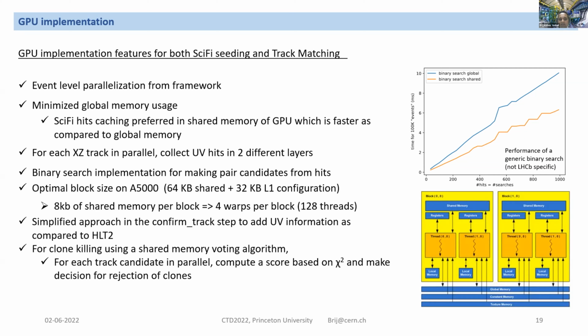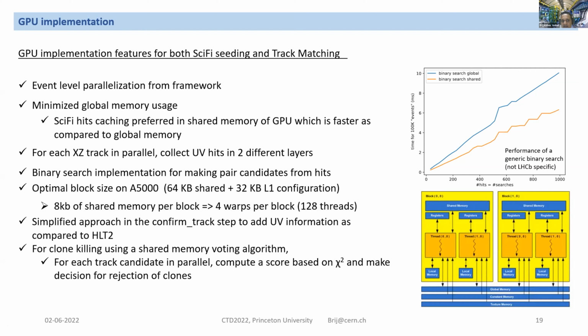As compared to the HLT2, where we have similar algorithms on the CPUs, we have also simplified the approach in the confirm track part, wherein we add the UT information.